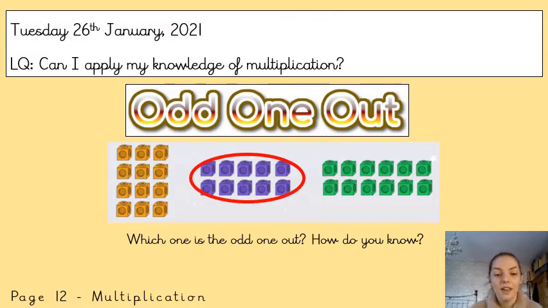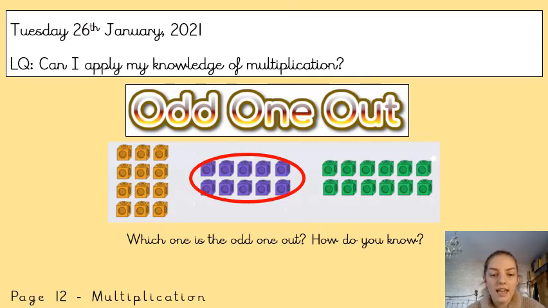Okay, so looking at the answers, if you said that it was the array in the middle, then you would have been right. Our first array is 3 by 4, and we know that 3 times 4 is 12.